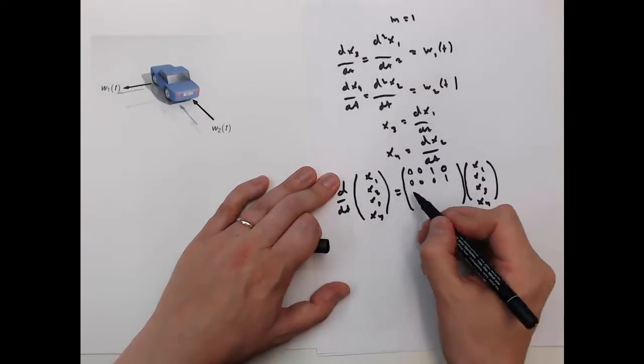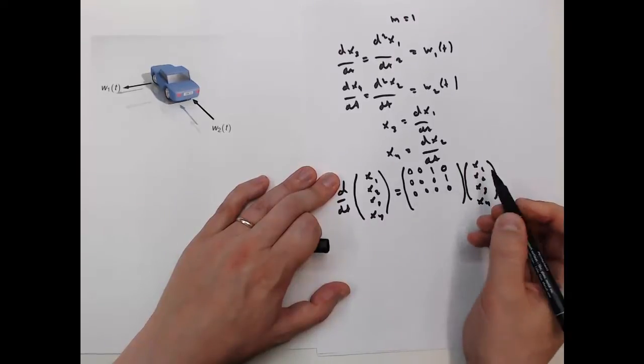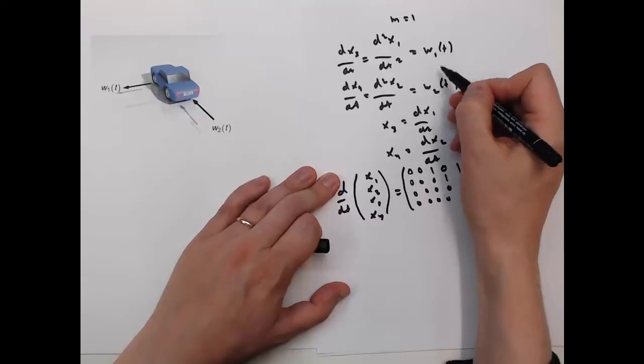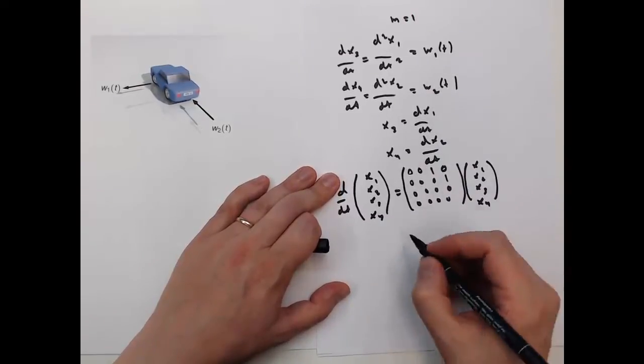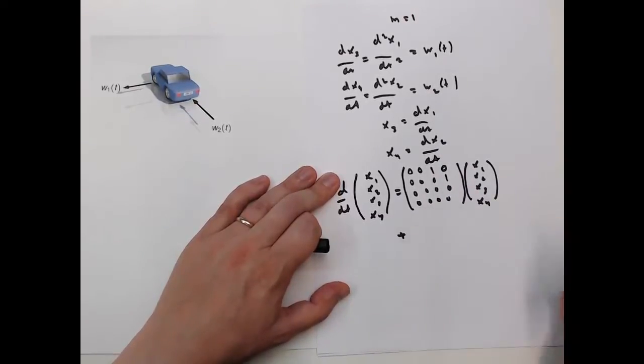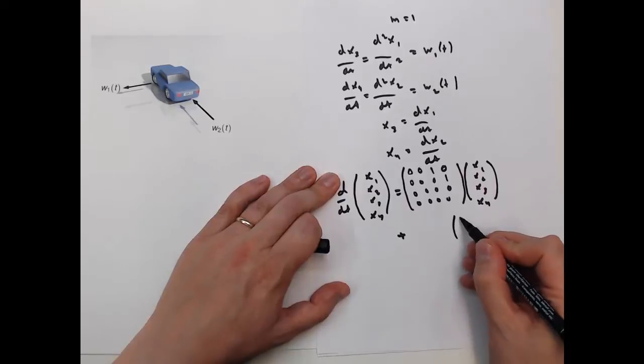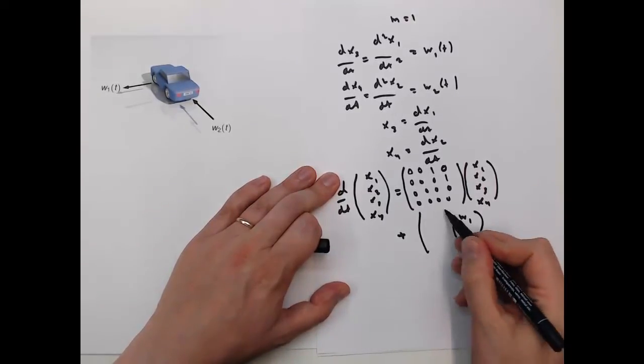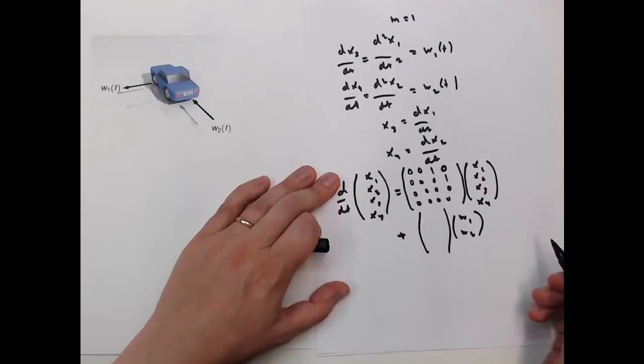It doesn't depend on x, so actually we have zeros here, and for the same reason zeros here. But the white noises are on the right. So what we do is we add a vector of white noises here. And then we need to figure out what kind of matrix we should put here.